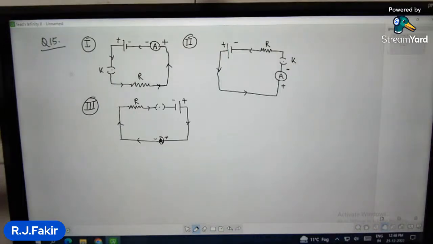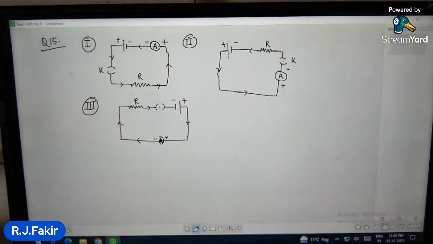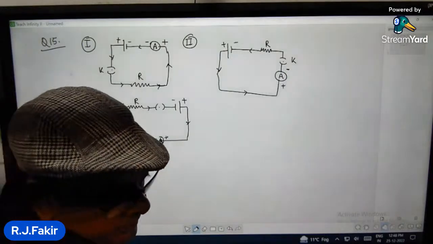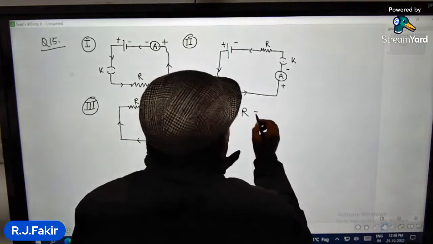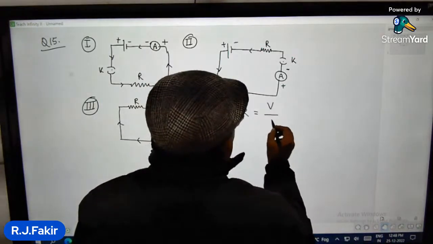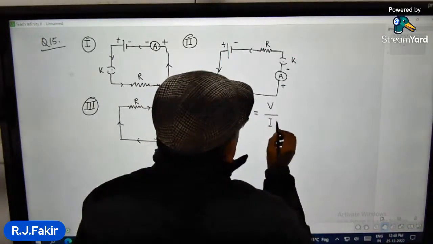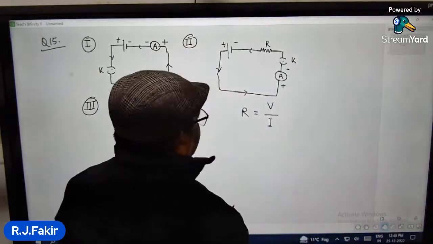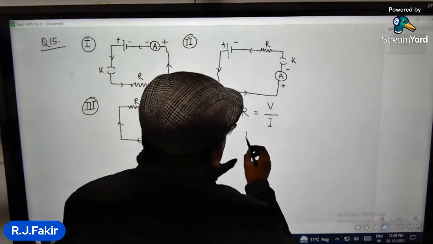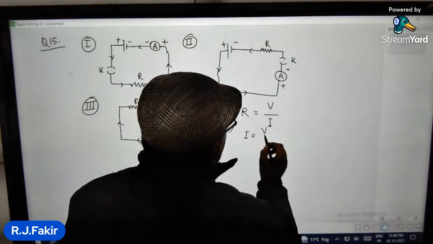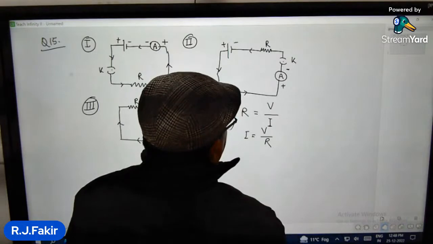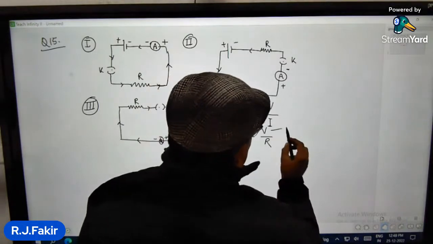So the reading of the ammeter is generally affected by two factors. We know Ohm's law. Ohm's law is R equals V upon I. That means we can say I, that is the reading of the ammeter, is V upon R. So we have two factors here.